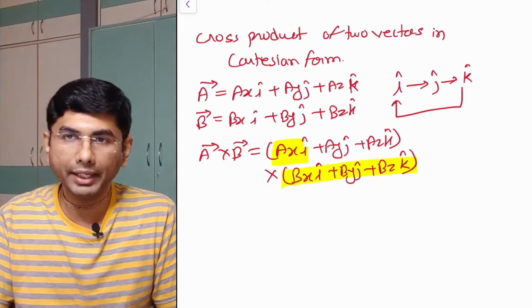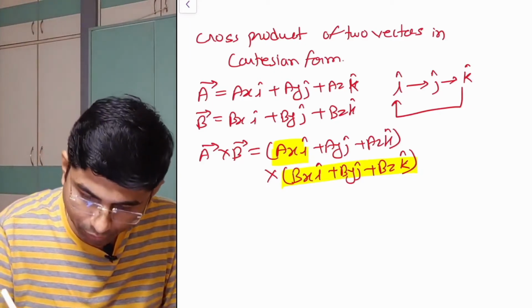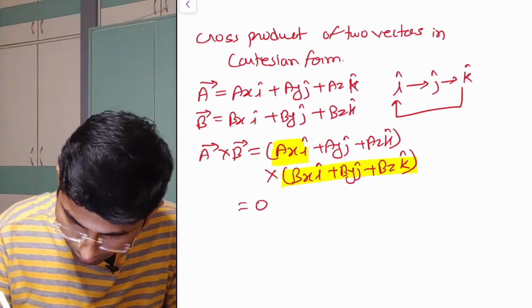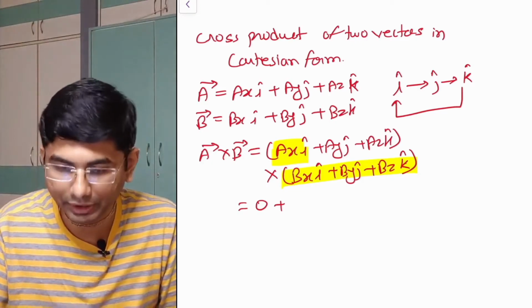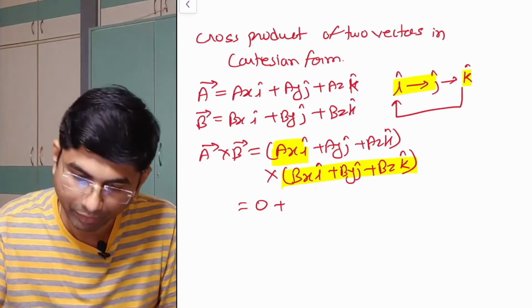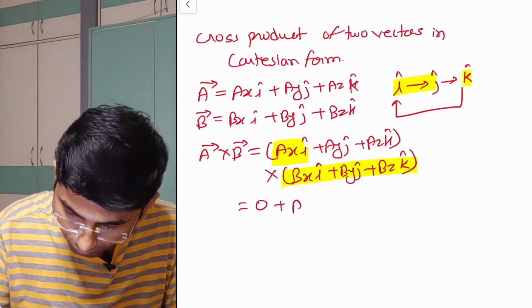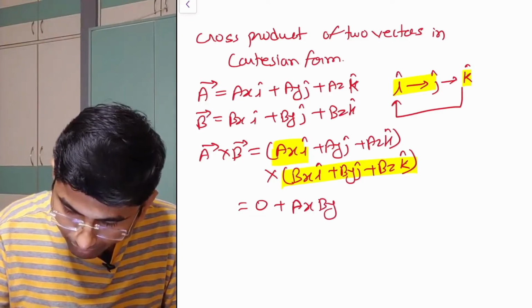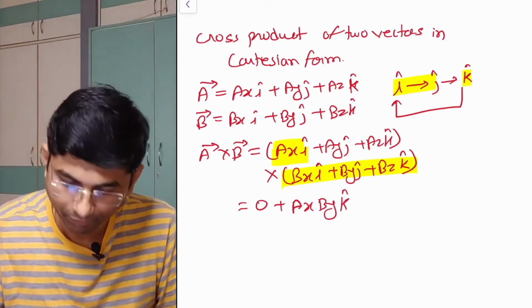But when I am writing, I know that i cross i will be 0, so the first term will be 0. Second will be i cross j. i cross j will be k. See the sequence, i cross j will come to k and it will be positive. That's why I can write it as ax by into k cap. First term is clear.